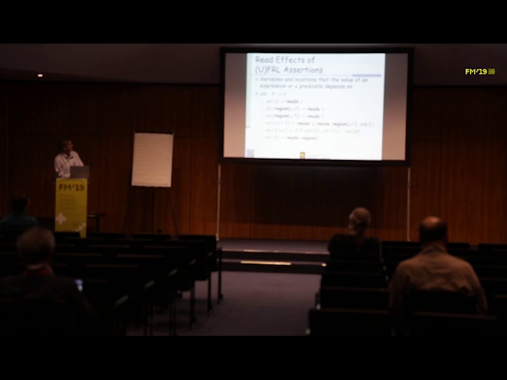This is a sort of region effect expression in UFRL, and the effects of region x.f is just that it reads x. We don't need to know what the value of f is to know what the region is. We just need to know that that variable is not null, and the same goes for x.star.